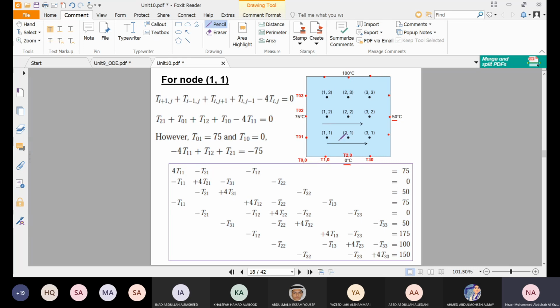So after that, if you want to start with the first node, T11, column number 1, and here we have row number 1. Okay.